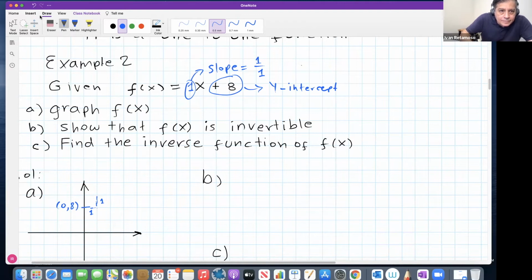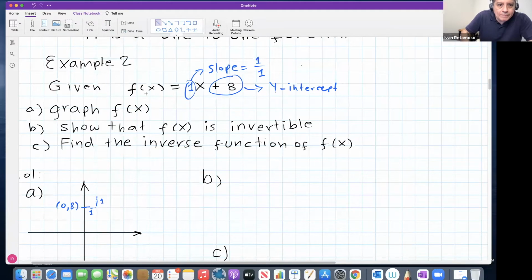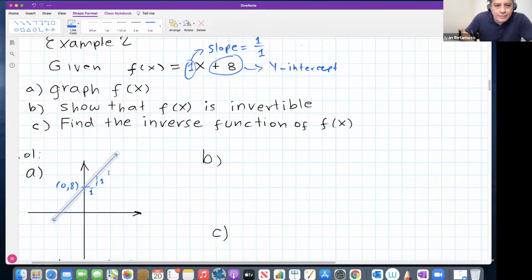So now the graph should show this. Let's say this is the line. Again, the scale is not exact, it's 8. But you get the idea. The slope should be 1.